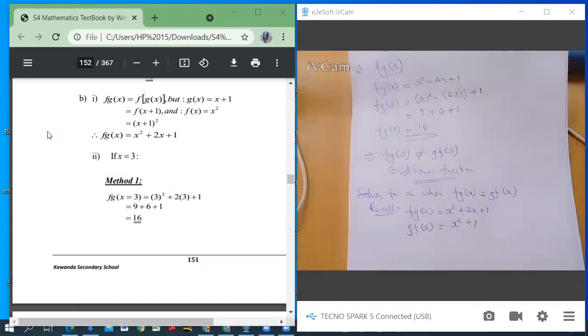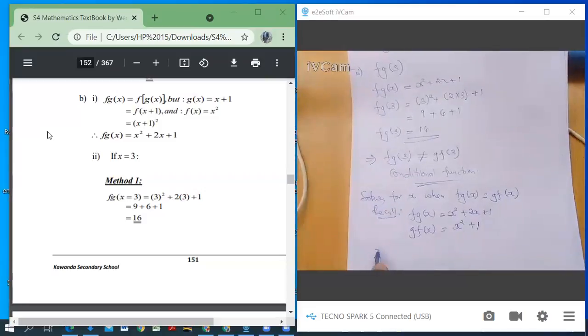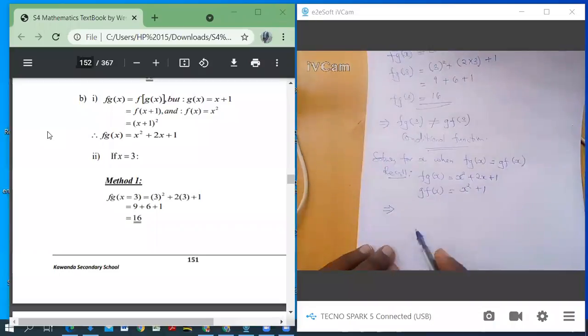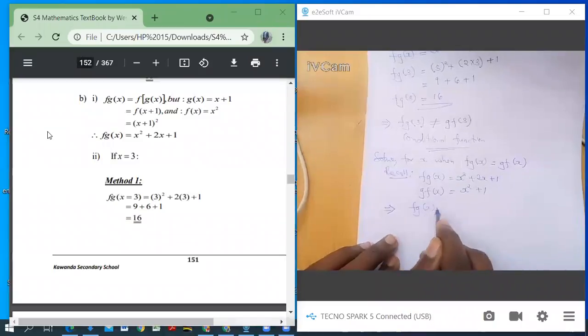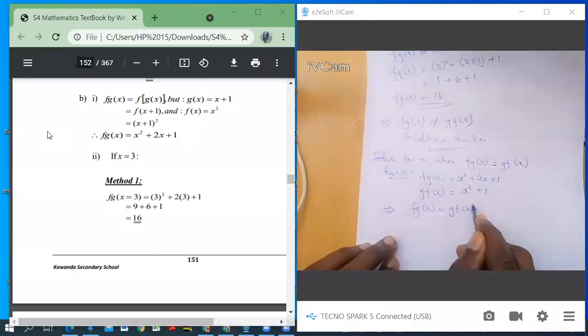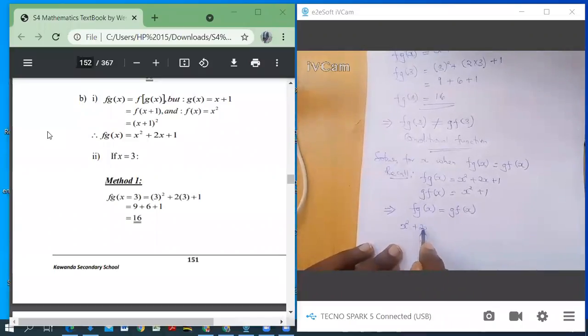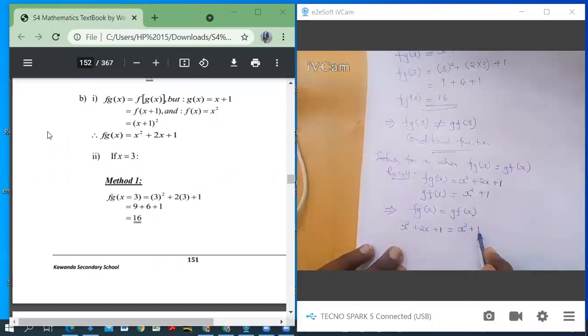Now they have given us a condition that for us to find x, these two functions must be equal. So fg of x equals gf of x, which gives x squared plus 2x plus 1 must be equal to x squared plus 1.